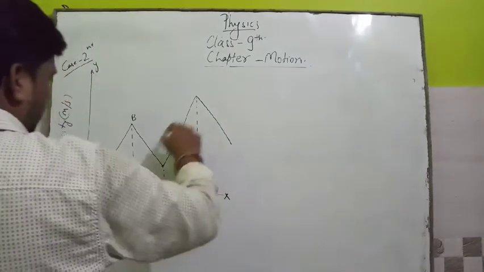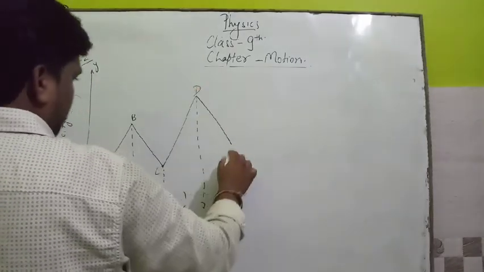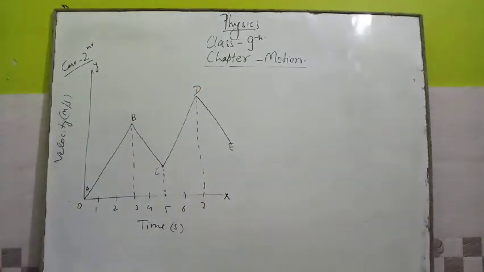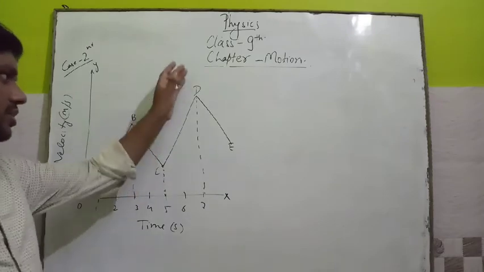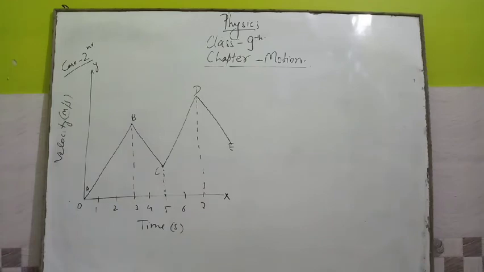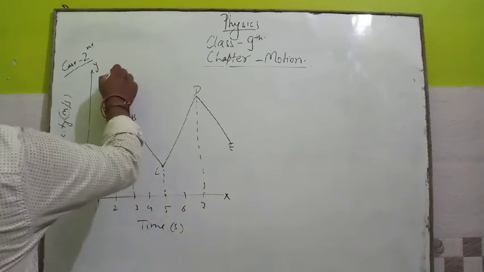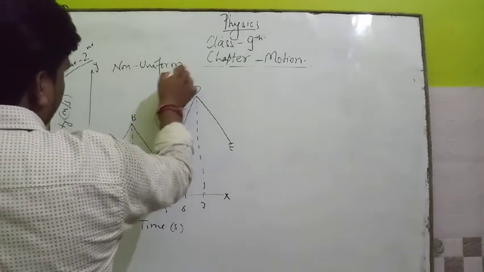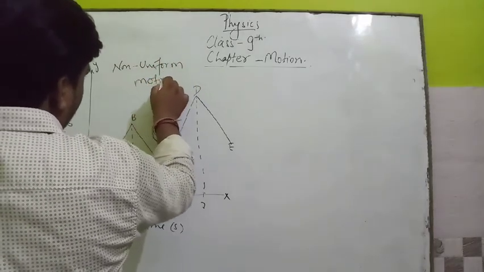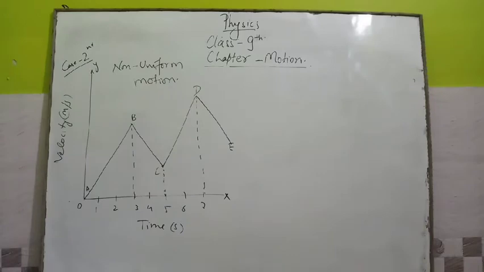C, D, E. This is the graph. It first increases, then decreases, then increases, then decreases. This is for non-uniform motion. Clear?